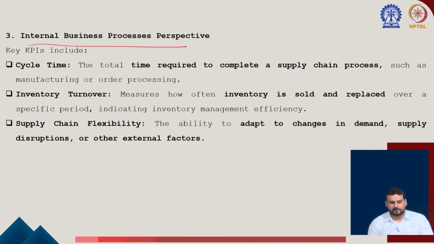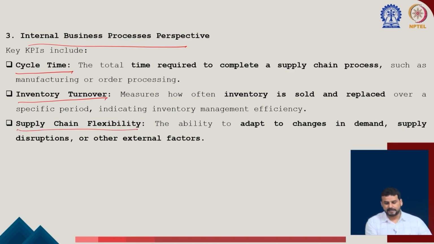Internal business process perspective, talking about the improvement of supply chain, you can include KPIs like cycle time, how quickly you are completing the order, how quickly if you are manufacturing, how quickly you are changing over from one model to other model, inventory turnover, how much inventory you are keeping and how quickly you are selling that inventory in the market, right?